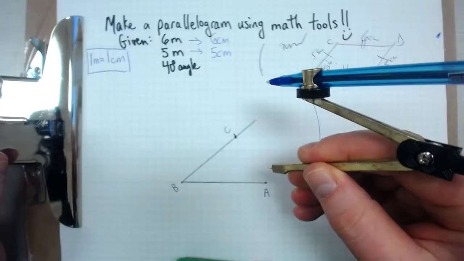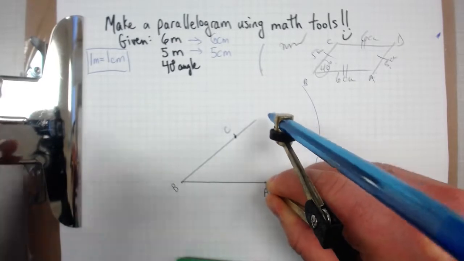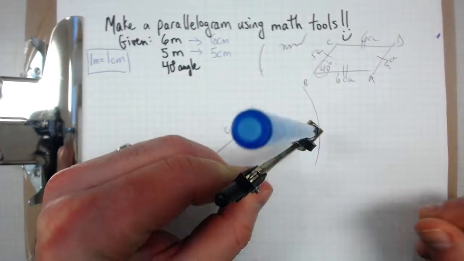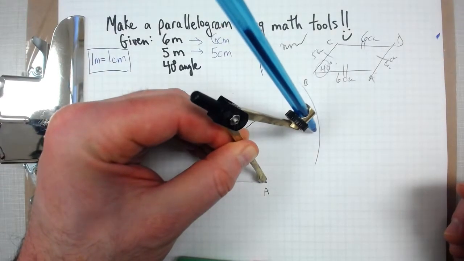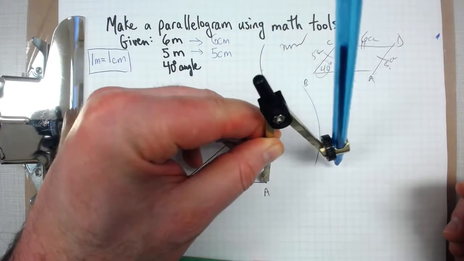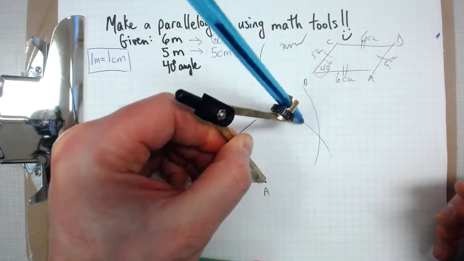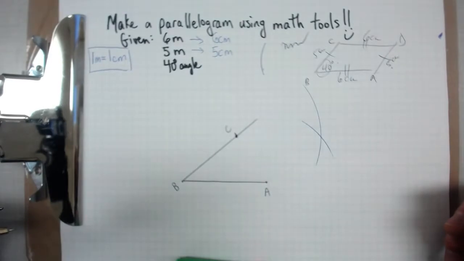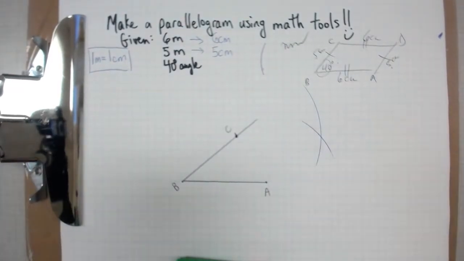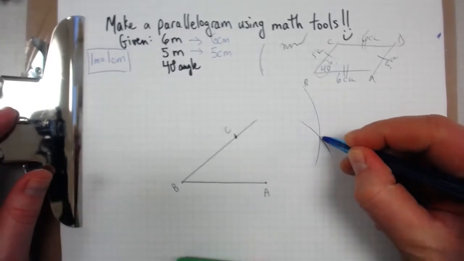Now the difference here is that I'm going to be putting my pointer on point A rather than point C. Why? Because the space between the pointer and my pen should represent the 5 centimeter side length, not the 6. So then I draw my arc, and I have a nice intersect point. Now that intersect point represents point D. Right there.